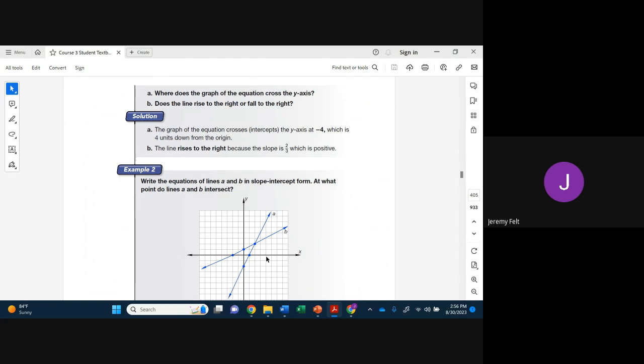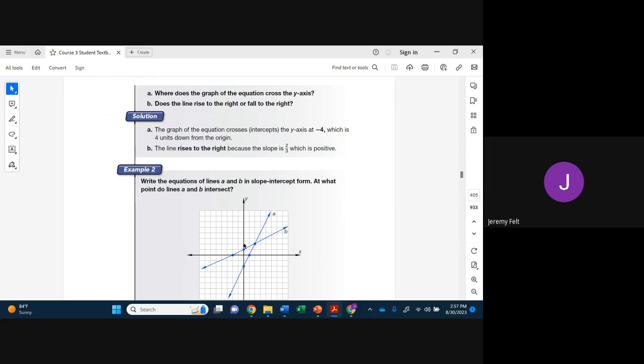Okay, if we're looking at these, let's look at lines A and B. A goes through -2, so that would be my y-intercept. Let's do rise over run: rise of 2, run of 1, so 2 over 1, so the slope is 2. So y equals 2x minus 2. B has its y-intercept at 1, so it'd be plus 1.